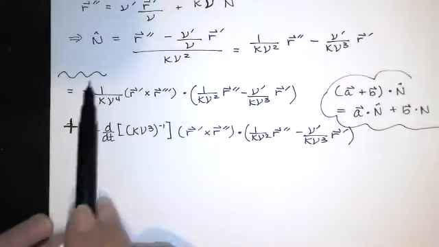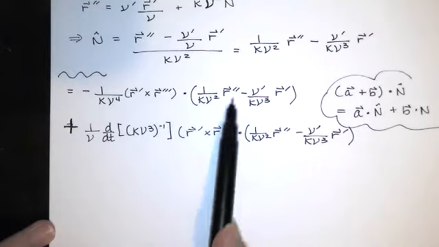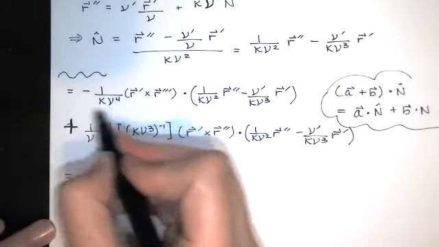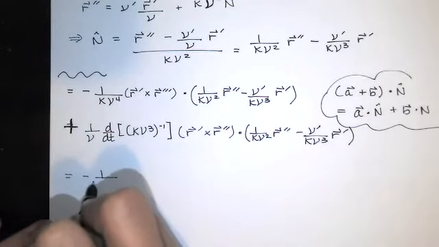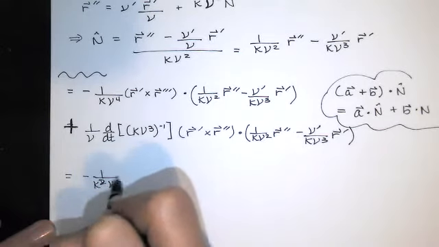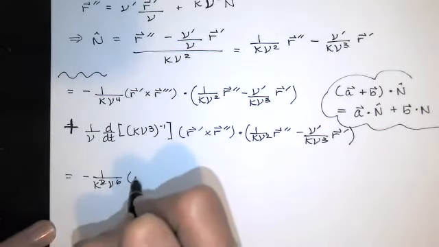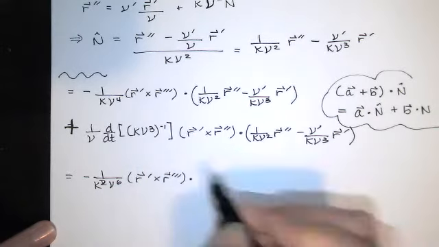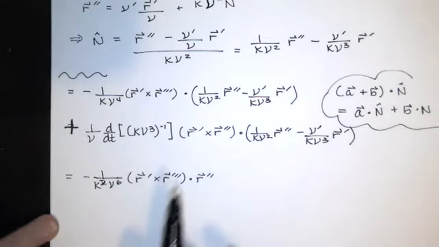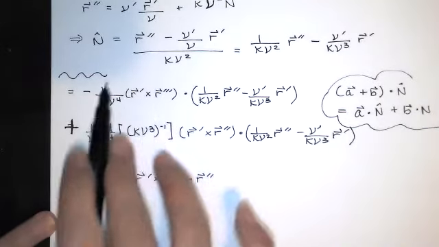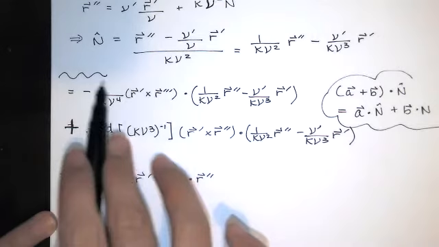So we're going to have this vector dotted with this one, and we can take out that scalar, so we have a negative 1 over kappa squared, curvature squared, times our speed raised to the 6th, and then we've got r prime cross r triple prime, dotted with r double prime.